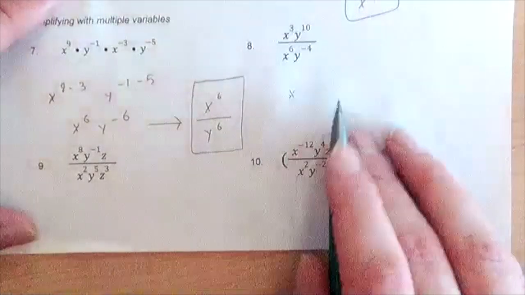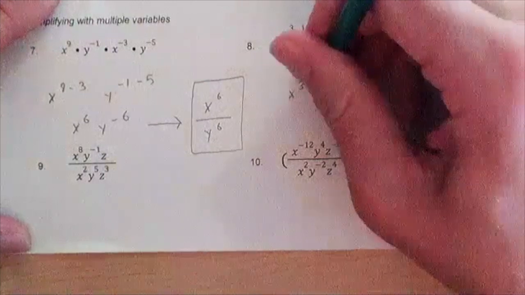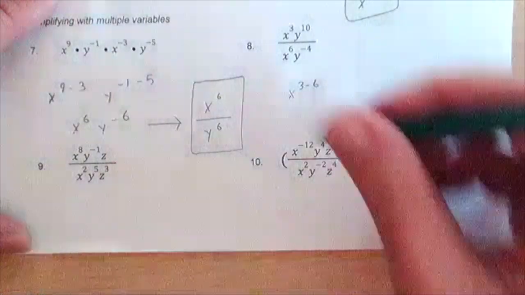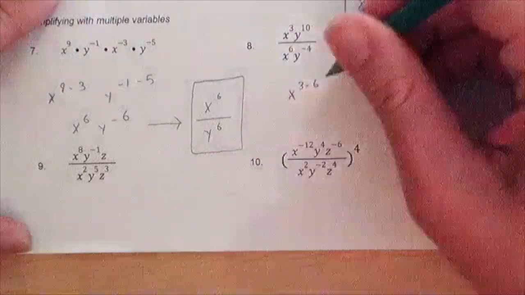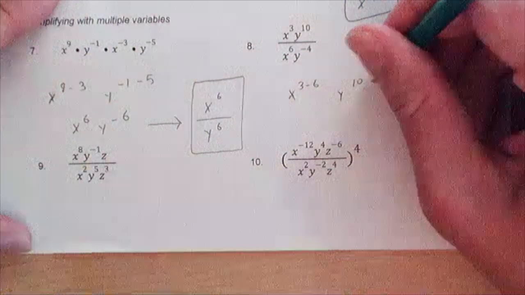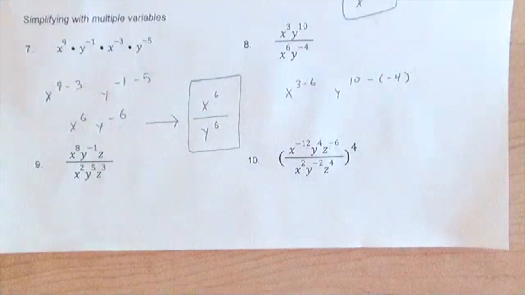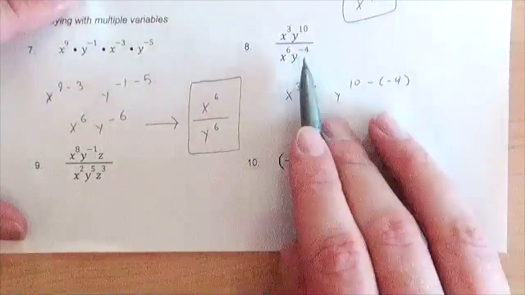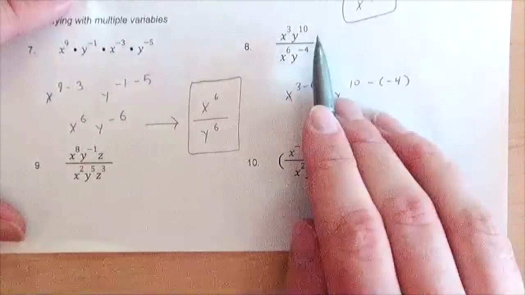But yeah, the first one here is x to the 3 minus 6, if you wanted to put it in a single one. And then the second one would be y 10 minus negative 4. So what's important here is to think that y to the negative 4 on the bottom is actually just y to the 4 on the top, right?